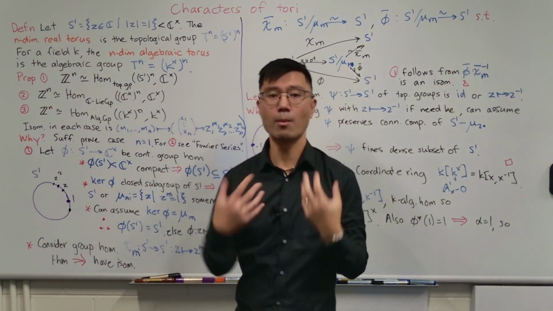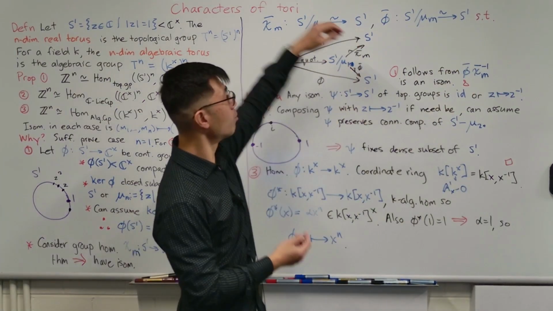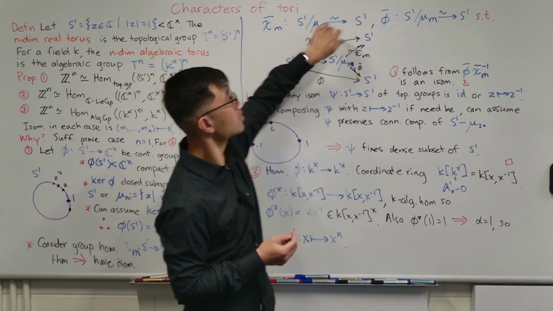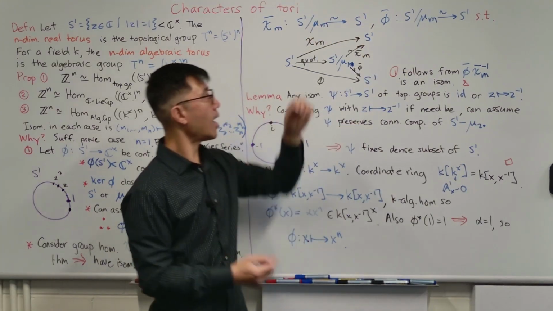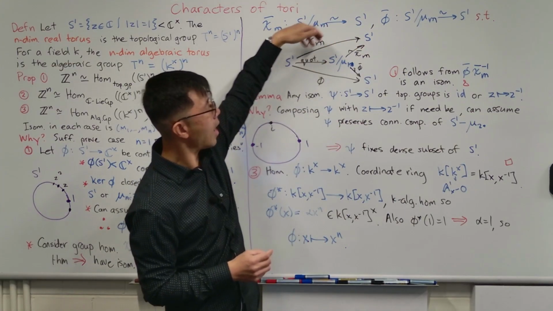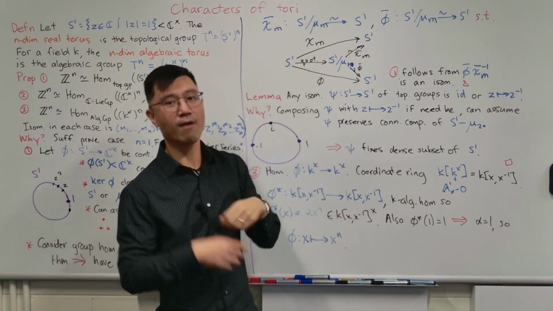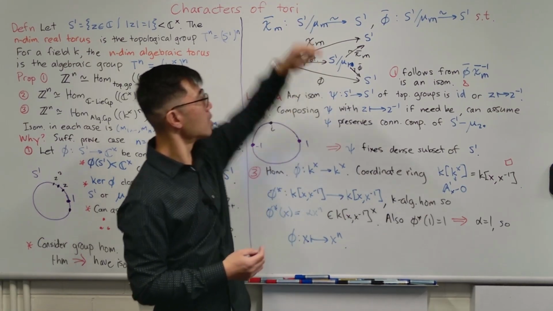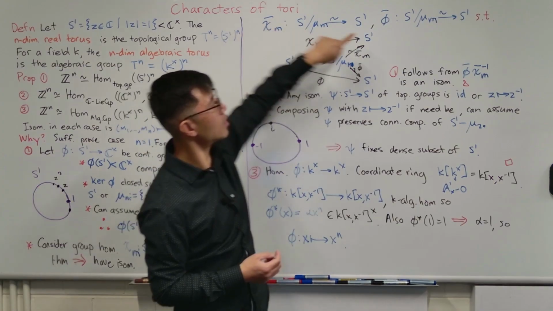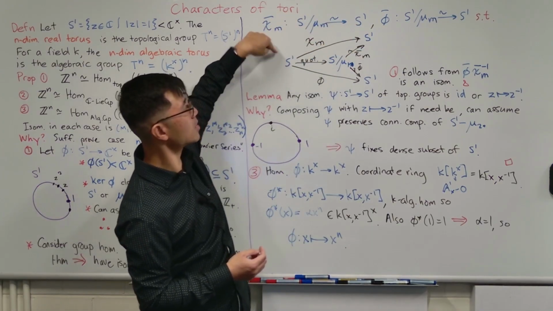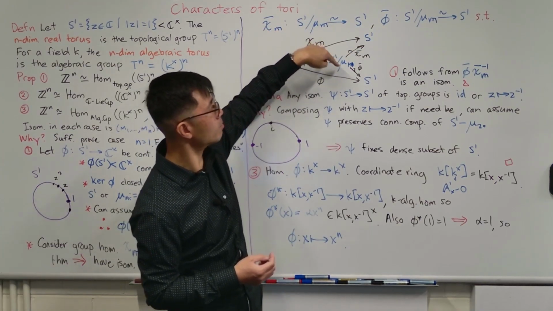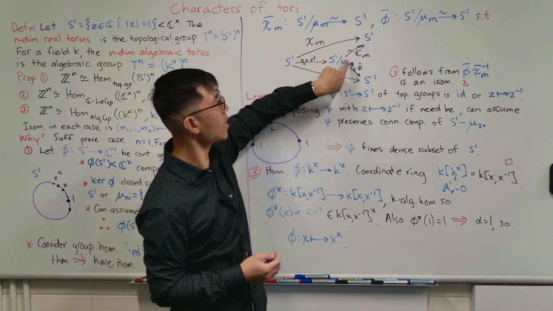And remember, what more do we have about these isomorphisms? These isomorphisms allow you to show how the original homomorphisms factor through the quotient map. In other words, chi m from S1 to S1 factors through the quotient map S1 mod mu m by this chi m bar.